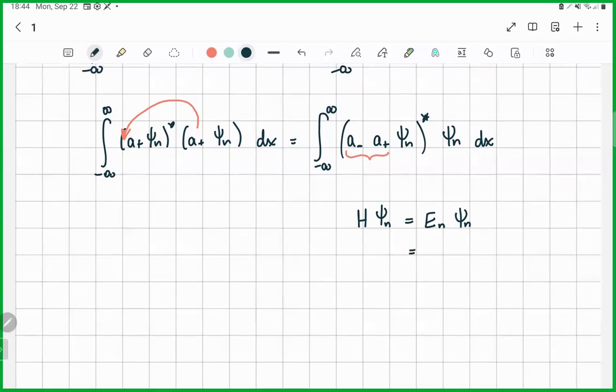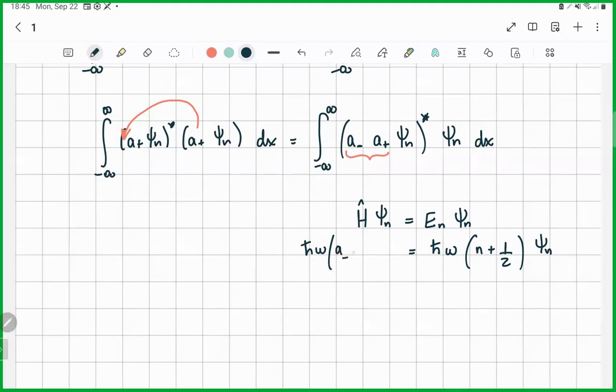We found, this is equation 2.62 in the book, that this is h bar omega times n plus half. Okay, so this is something that we already know. And we found ways of writing this Hamiltonian operator in terms of the ladder operators, a minus and a plus. And so one way to do that is like this.